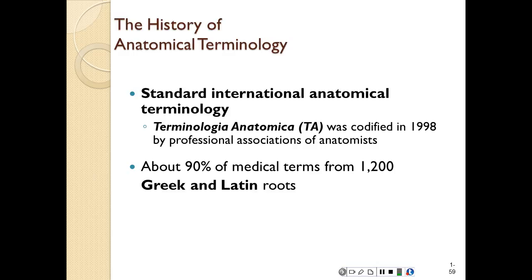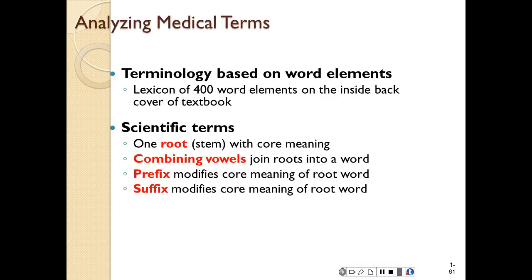About 90% of the medical terms are formed from just 1,200 Greek and Latin roots. Of course, some structures were given terms that were coined or named after various people.